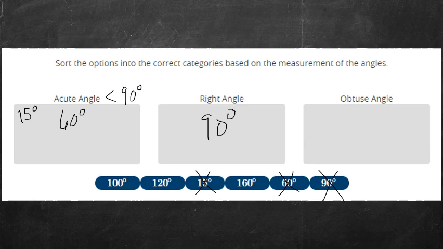I've put them over in the acute angles box. Now, the only things left are angles that measure more than 90 degrees, so they must be obtuse, because obtuse angles measure more than 90 degrees. So let's put 100 degrees in the obtuse box. Let's put 120 degrees in the obtuse box. And we're going to put 160 degrees in the obtuse box. And now we're done.